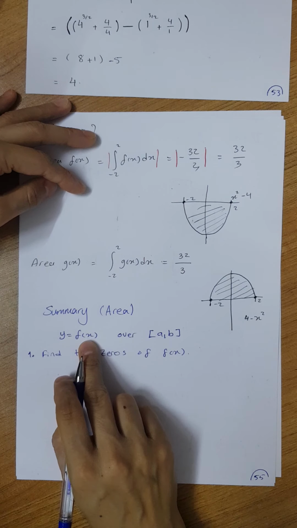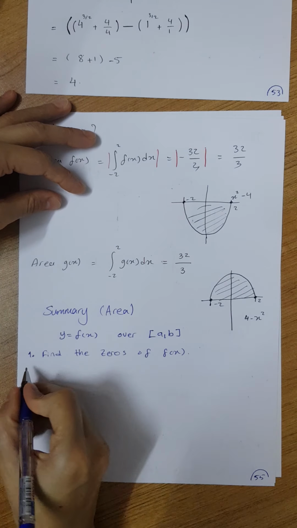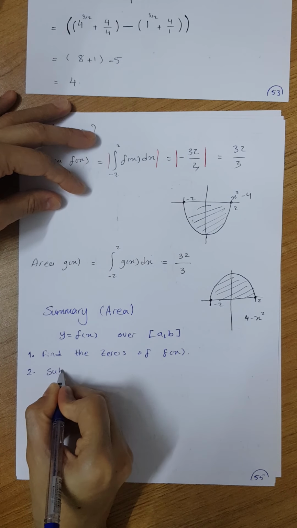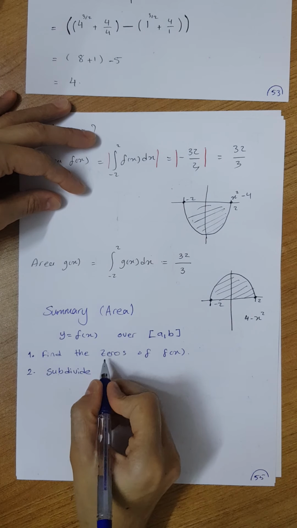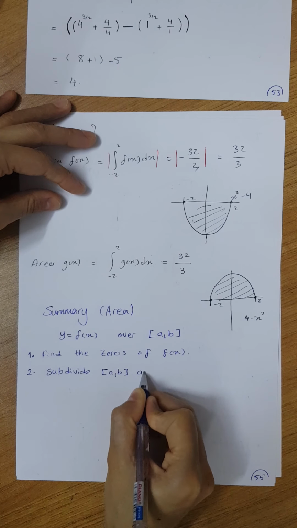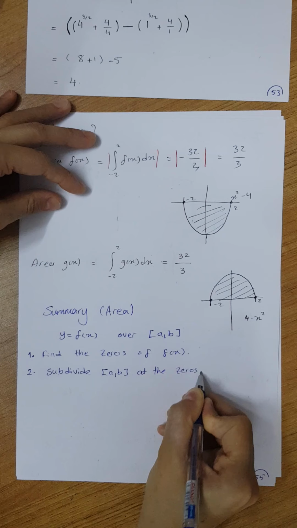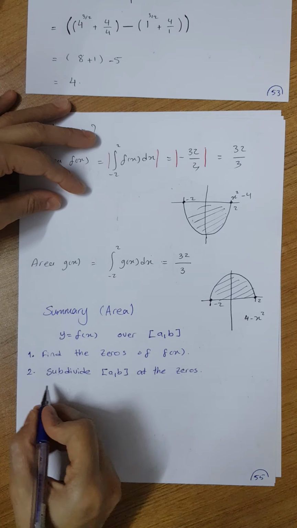That means equalize that function to 0, find those numbers that make that function equal to 0. Then subdivide the interval AB at the zeros. Okay, so we are locating those zeros on the interval AB.